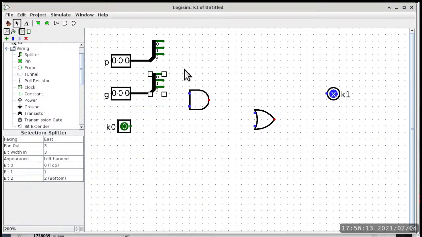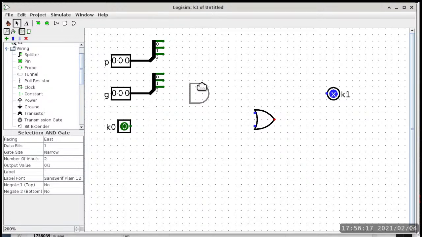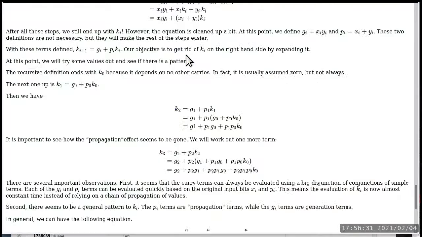So we know that we need P0 and K0 to be ANDed together. To make the design look a little nicer, we hook it up like this, so everything seems to be aligned, and then K0 goes to here. So what this has accomplished is this part here: P0 and K0 is now done.